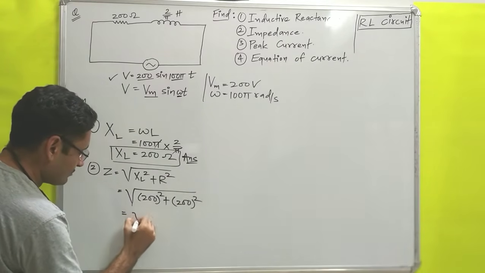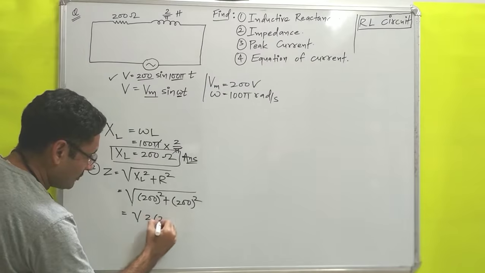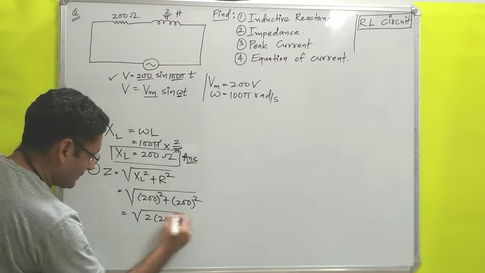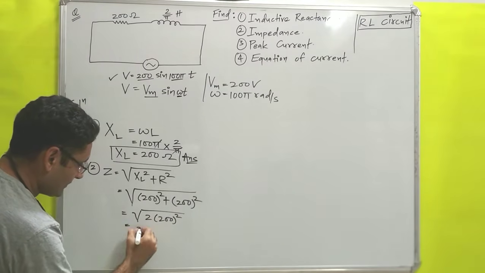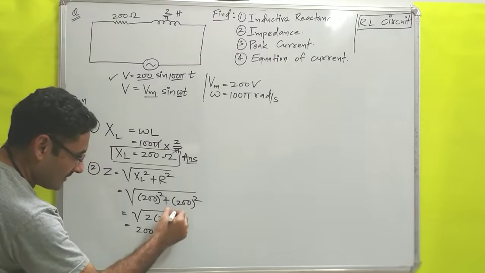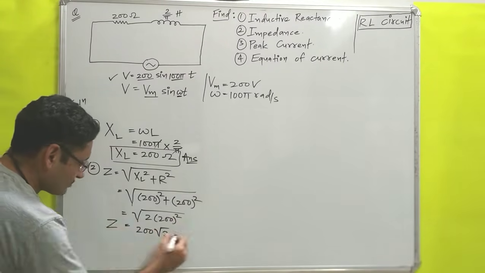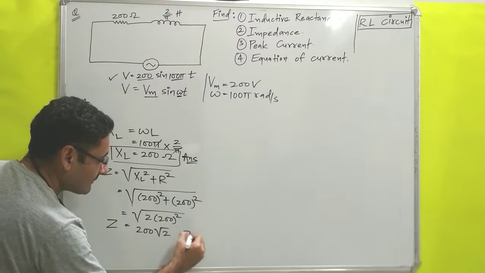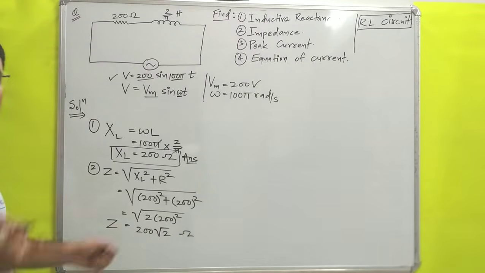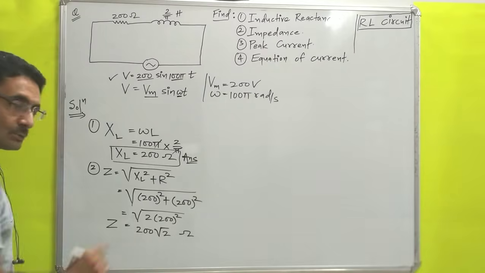So Z is equal to square root of 2 times 200 squared. 200 will remain as it is, the square root and square cancel, and that will be 200 root 2 ohm, because impedance is total resistance and its unit is ohm.